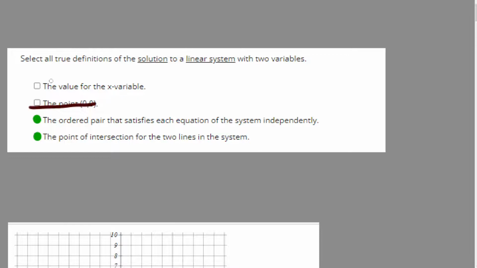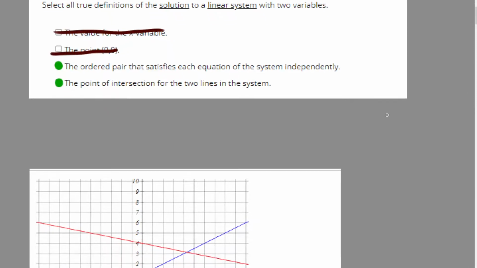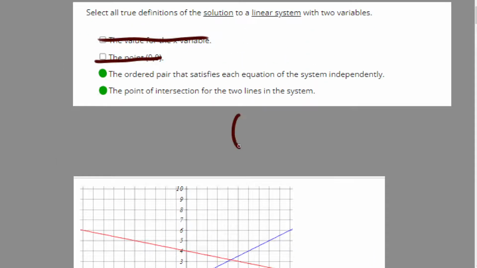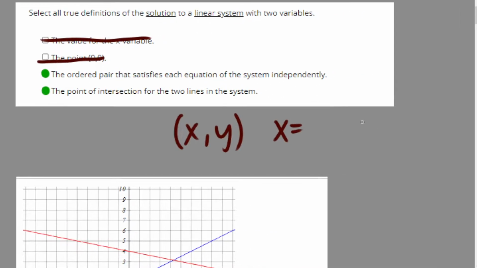So this is not one, and this is not one. But the ordered pair that satisfies each equation of the system independently, and the point of intersection for the two lines in the system, is going to be your solution to the linear system. You'll need to give it either as a coordinate point, x comma y, or x equals whatever it is and y equals whatever it is.